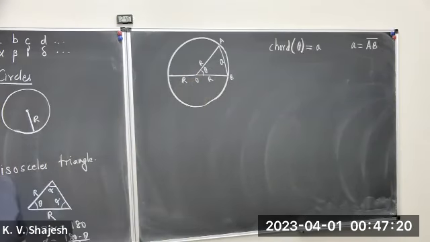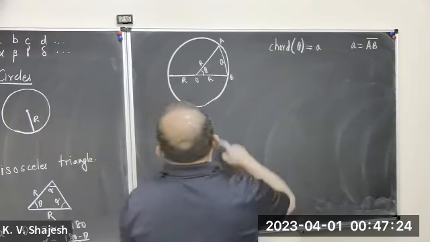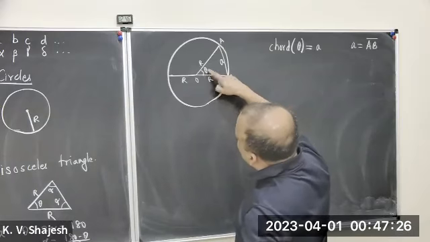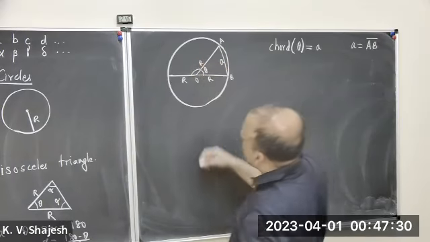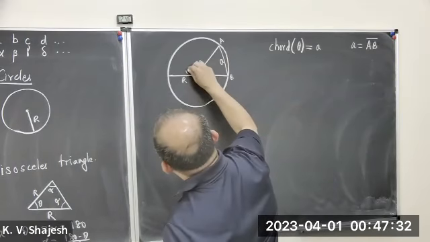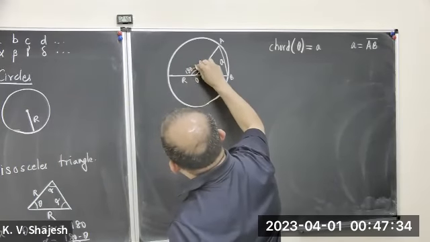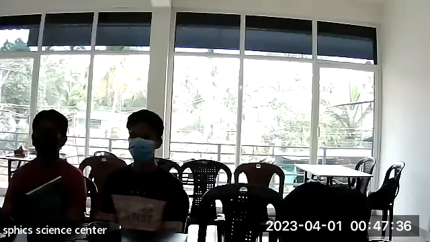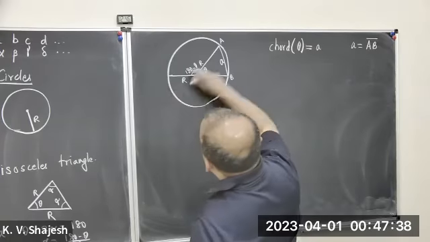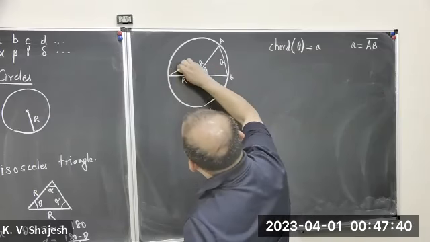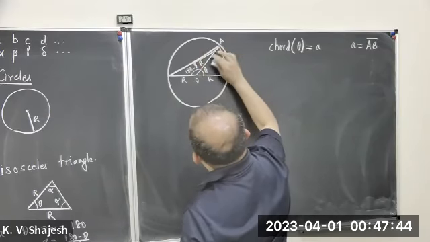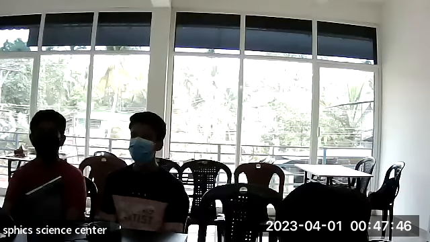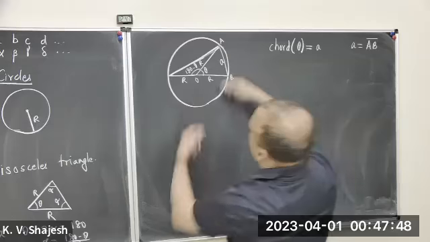And if this is an angle theta, this is also an angle which I know: that is 180 minus theta. And the chord associated with that is this, a straight line I can build. That's also a chord.